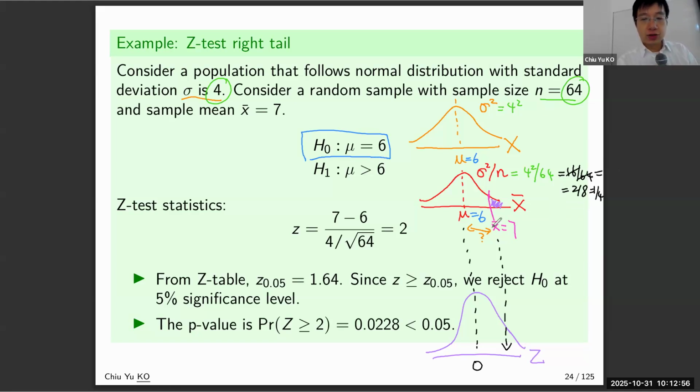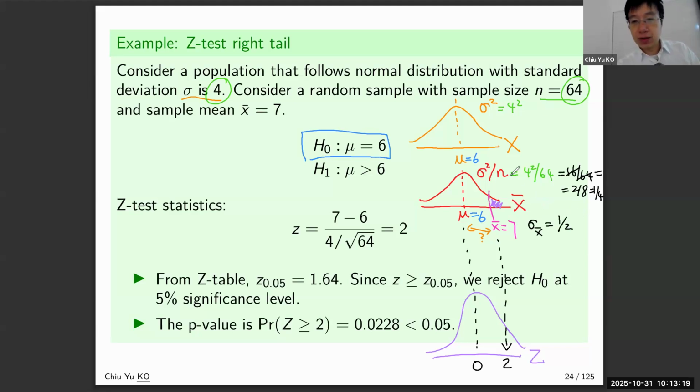So this is 1 divided by 1/2, which is 2. Because how many SD there? Let me write, because sigma X bar is 1/2.